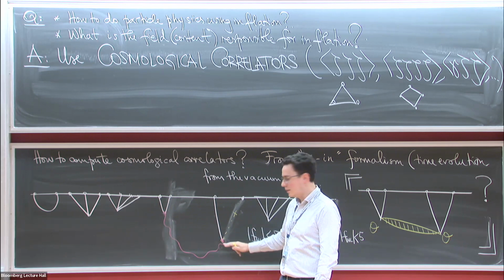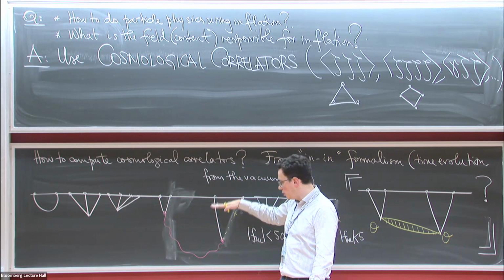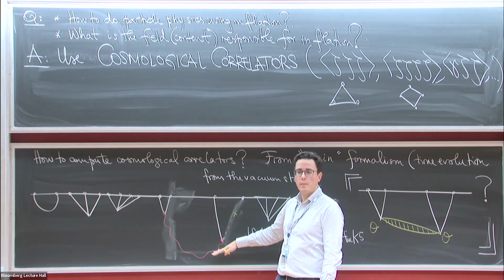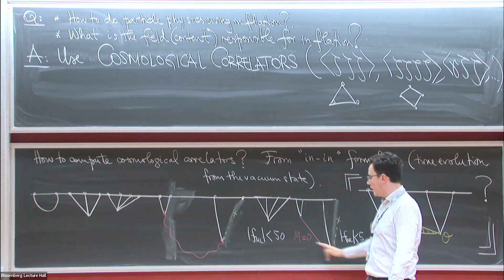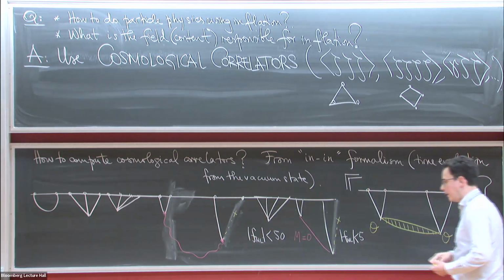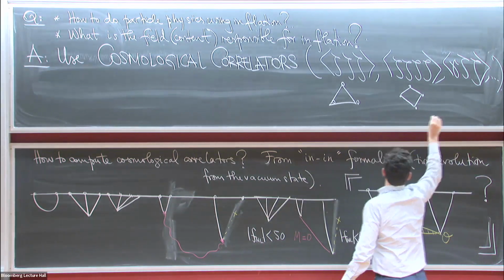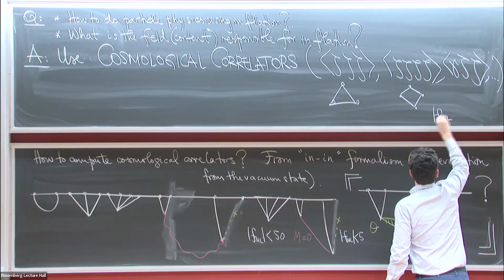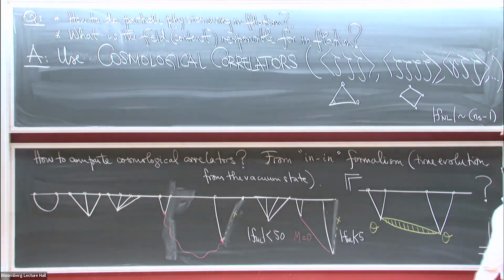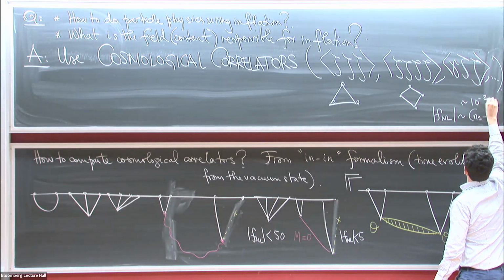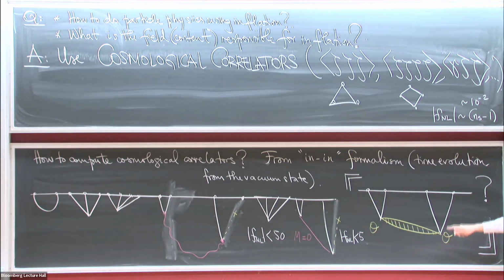So you pay a price for playing this soft limit, and you suppress the overall size of the signal. So you tend to get FNL much smaller than the values that we can currently bound. This procedure will typically give you FNL of order n_s minus 1, which is order 10 to the minus 2. So it's still 3 orders of magnitude away from what we can measure.